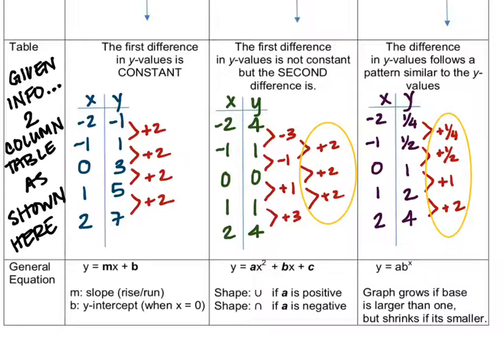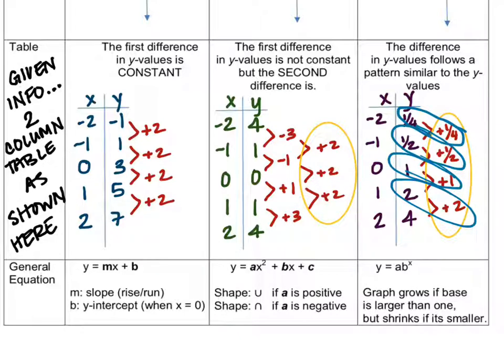Let me circle some of this, and maybe I can pick a color that's not already used. Why don't we use bright blue? If I take a look at this pattern, I see there's 1/4 and 1/4, 1/2 and 1/2, 1 and 1, 2 and 2.